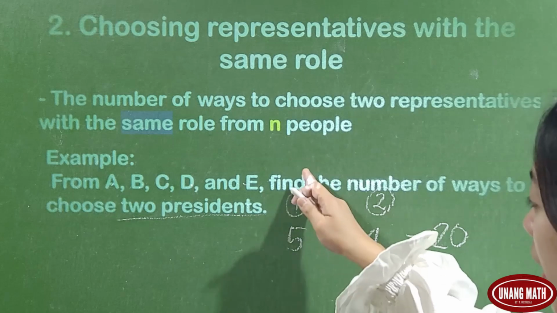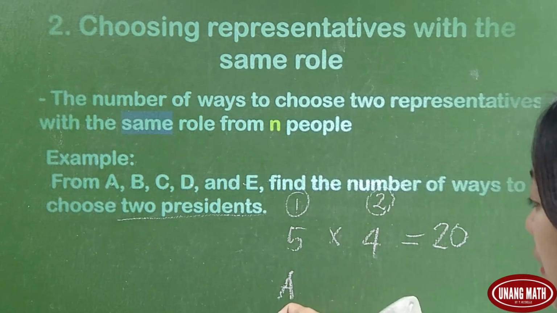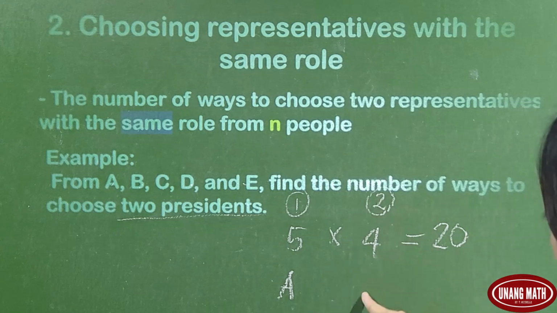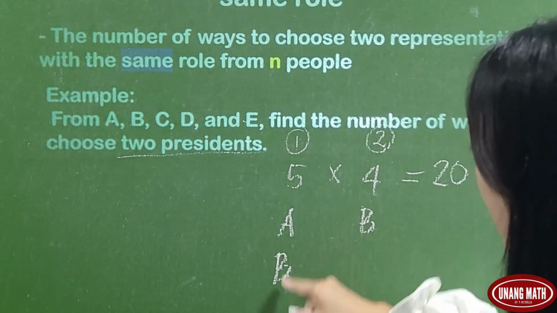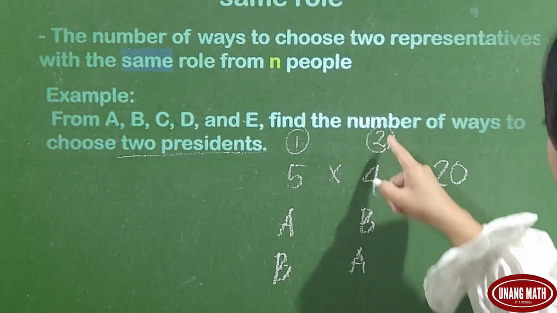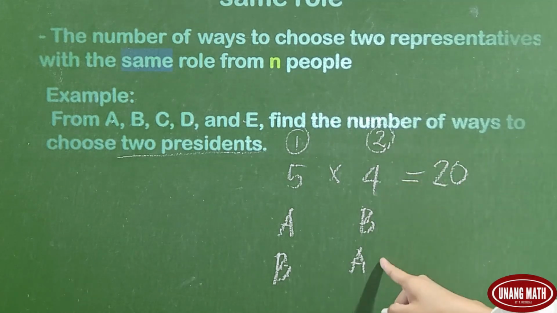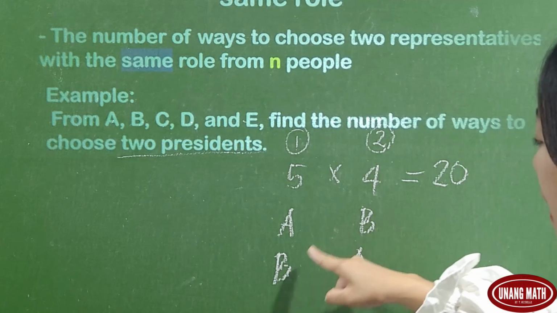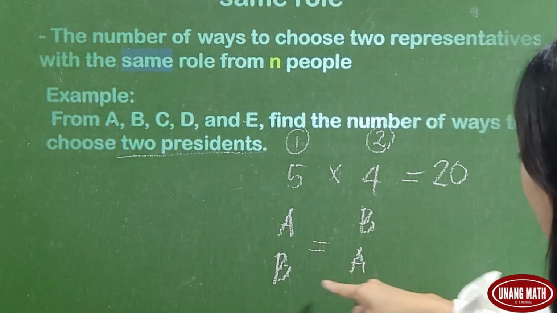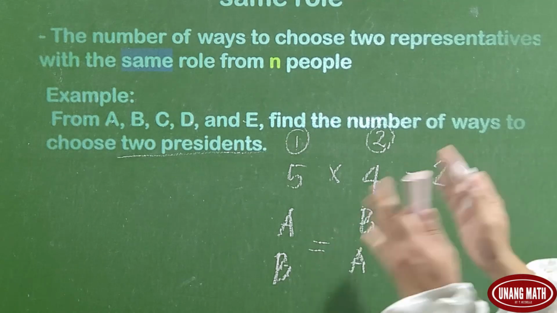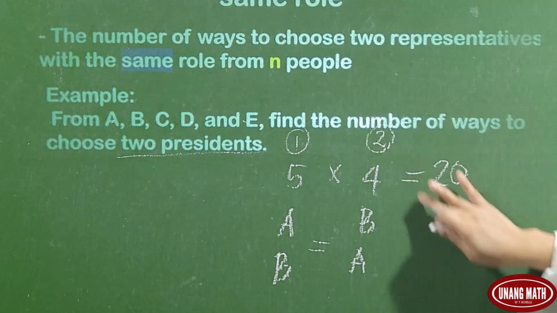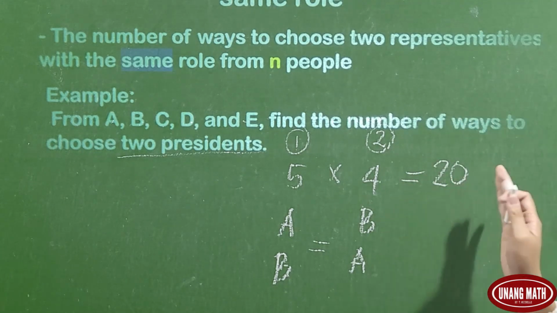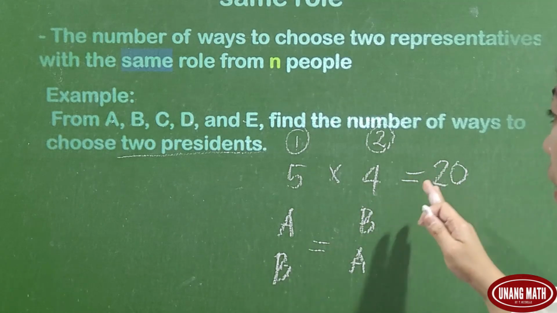Take note. If A is president here and B is president here, this is the same as B being president here and A being president in the next column. So A, B is the same as B, A. My point here is there are repeated outcomes, and we need to find out how many repeated outcomes there are.